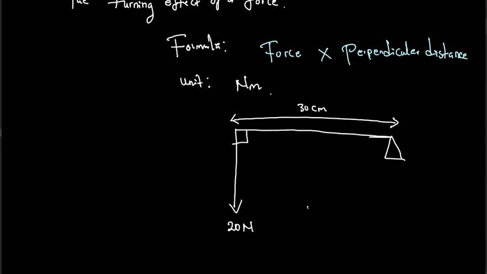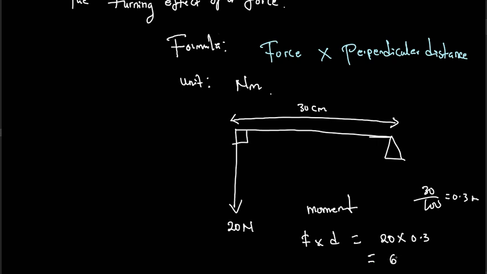Then the moment can be calculated as follows: force times perpendicular distance, 20 Newton times, this is in cm, so you have to convert it to meters, 30 divided by 100 is equal to 0.3 meters, so times 0.3, and this is going to give us 6 Newton meters.